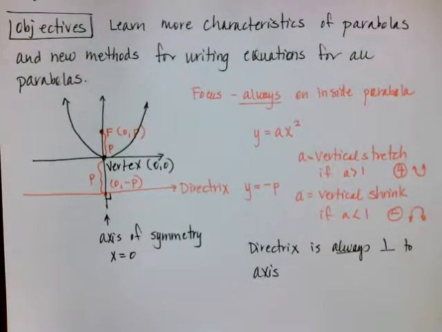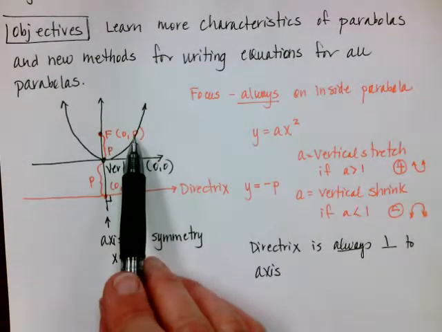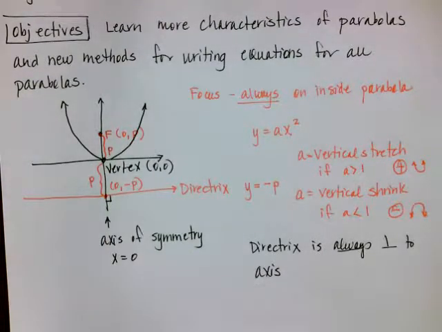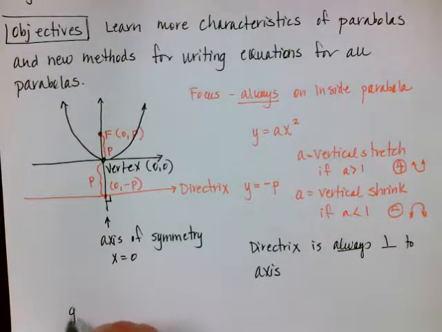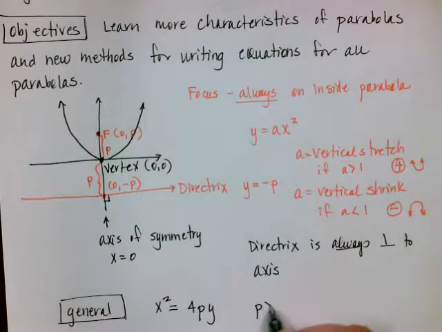Now, the difference is we're going to rewrite this equation and introduce our p. The general form for a parabola that's pointing up is x squared is equal to 4py, where p is greater than 0, because p is going to have the same effect on our graph that a did: if it's positive it goes up, and if p is negative the graph goes down.